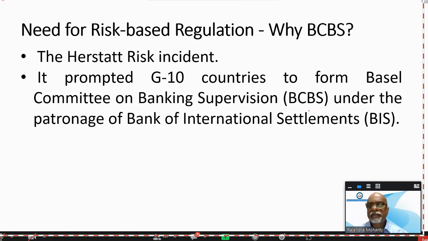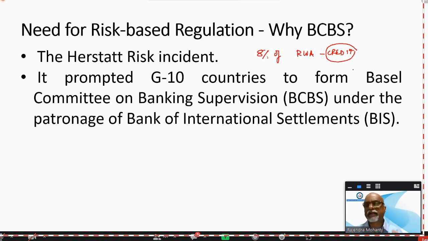And the first time it was done, this BCBS suggested that the minimum capital requirement should be 8% of the risk weighted assets of credit. Basically, they thought at that time that the credit portfolio is the only risk portfolio. They did not think about market risk or operational risk.